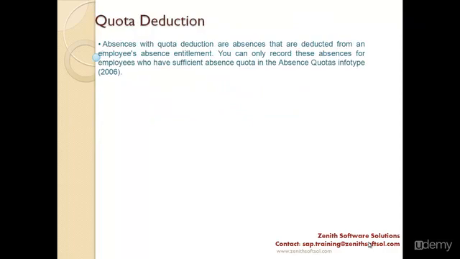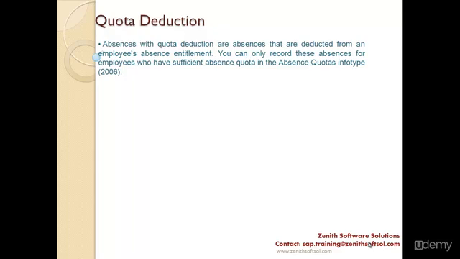Now, what is quota deduction? As I mentioned earlier, you will be entitled to a quota like 40 hours of vacation per year. Now, if you apply for vacation for 1 day or 2 days or 4 hours, because some companies give the entitlement based on number of hours, and some give it based on number of days, either way that quota will be deducted.